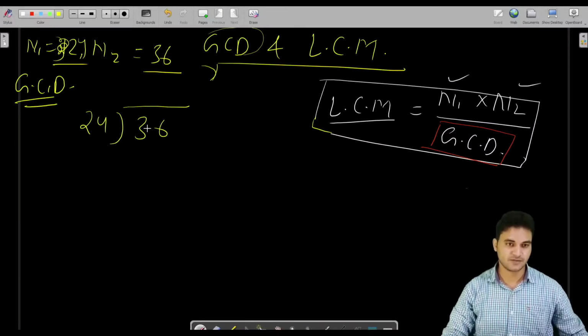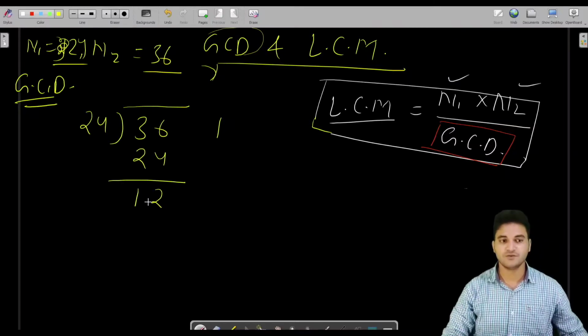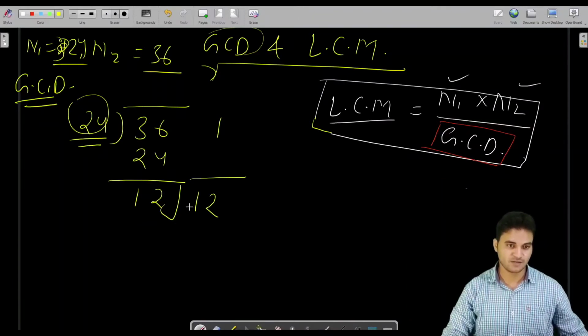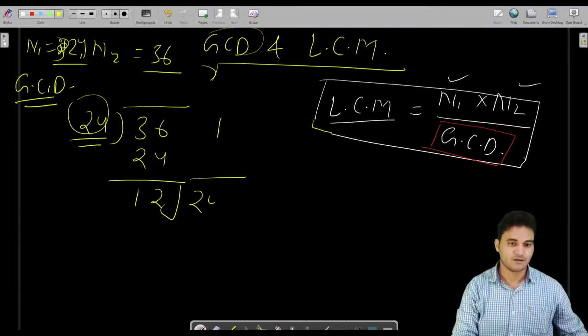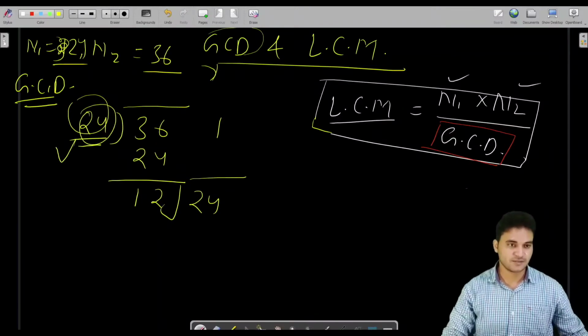Let us divide it. 24 ones are 24. Now the remainder is 12. If the remainder is not 0, then we used to take the previous divisor and divide it by the remainder. So what was the divisor previously becomes the dividend, and the remainder becomes the divisor. Now divide: 12 twos are 24.